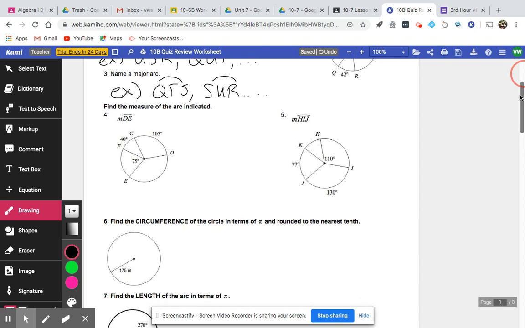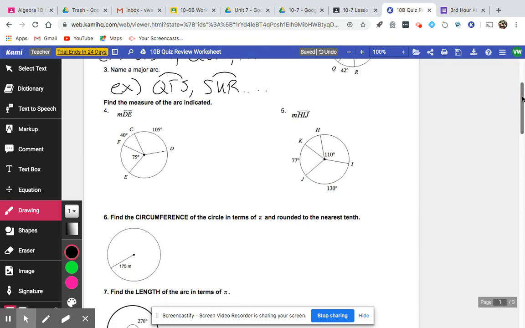All right, I'm going to try to scroll down here. Here we go. Number 4, find the measure of the arc indicated. We want to find the measure of arc DE. Basically, how I'm going to do this is I want to find this arc right here. I'm going to add up these 3 measures and subtract them from 360. So 105 plus 75, that's 180.